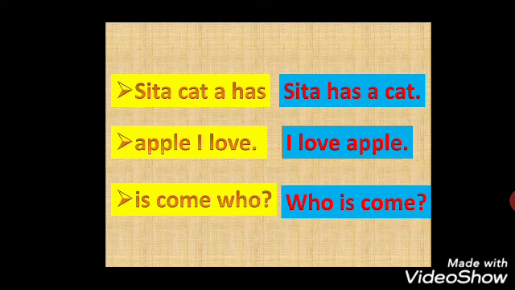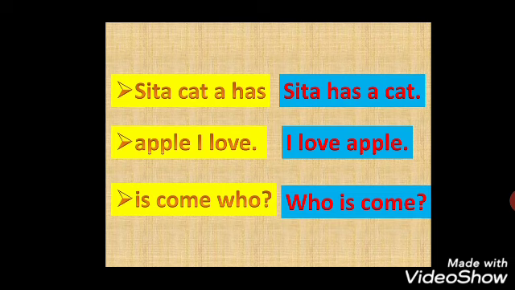Yes, you have to ask it correctly. Who is come? It means if you don't know, if you hear a sound or a knock at your door, you ask, who is come? So that makes a correct sentence. If you say is come who, that is the wrong sentence. The correct sentence is who is come?